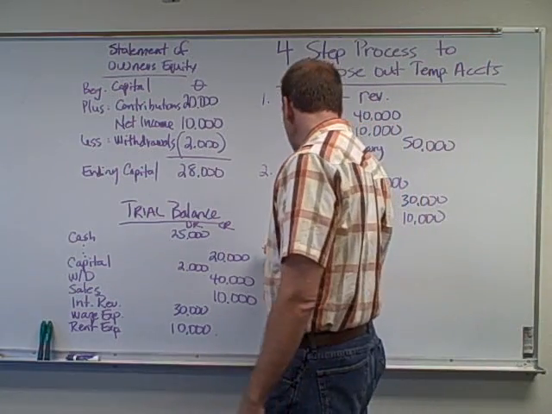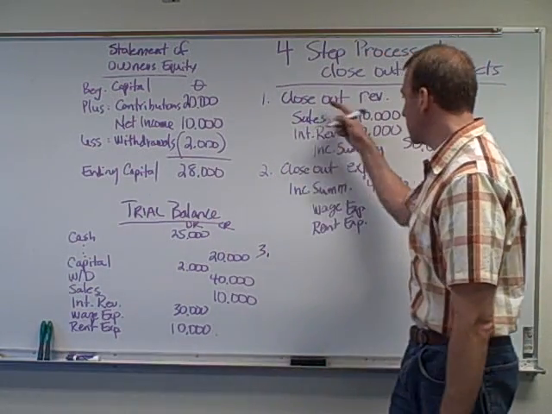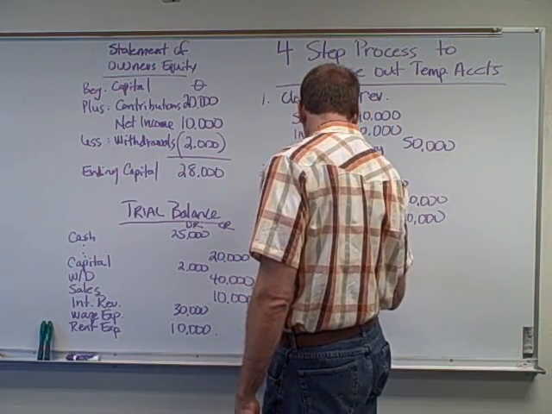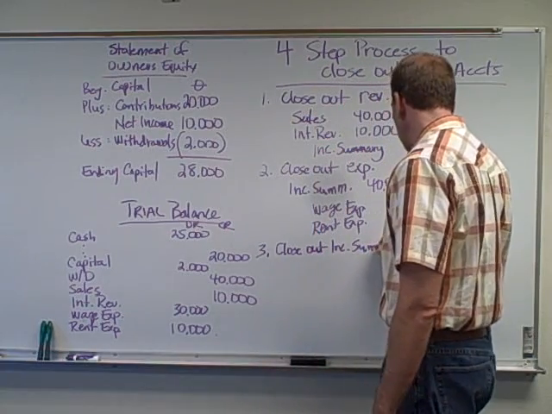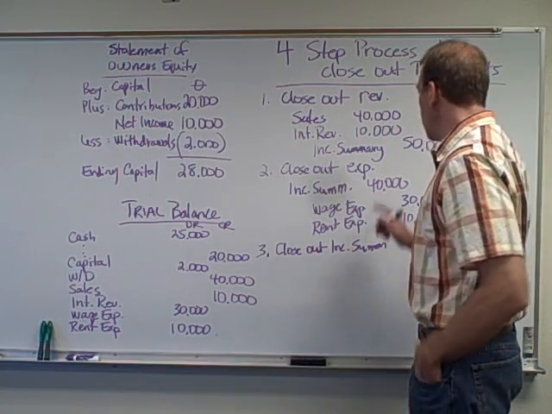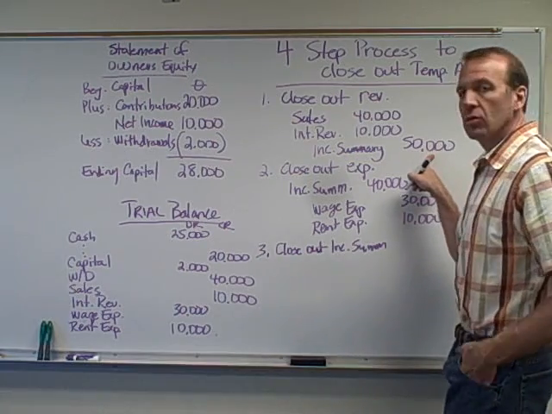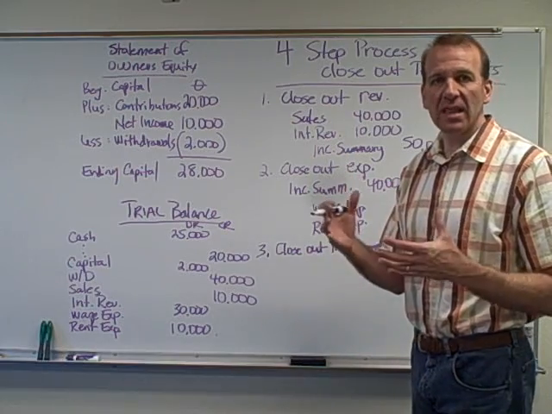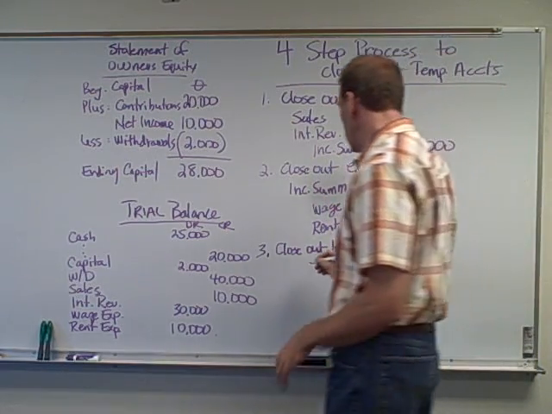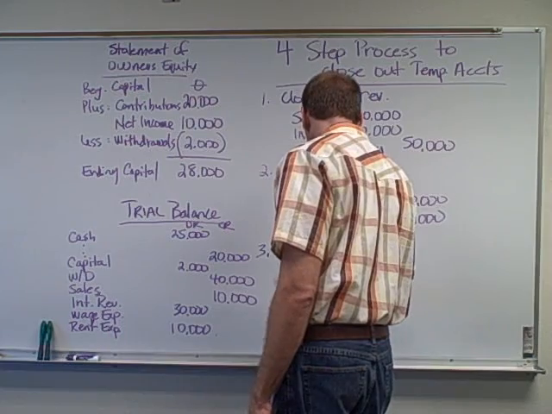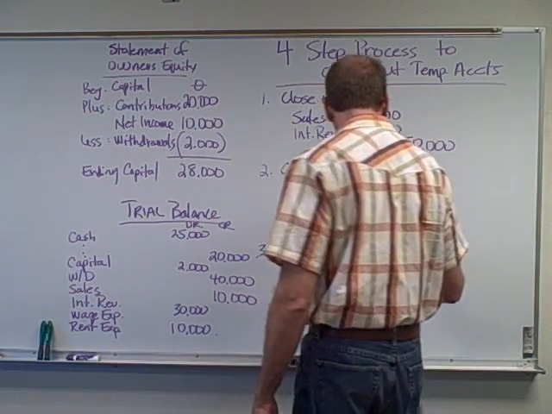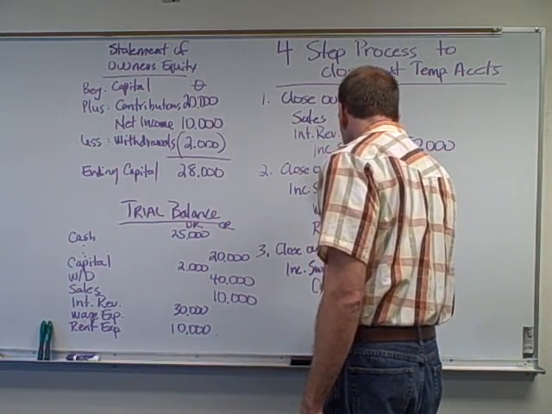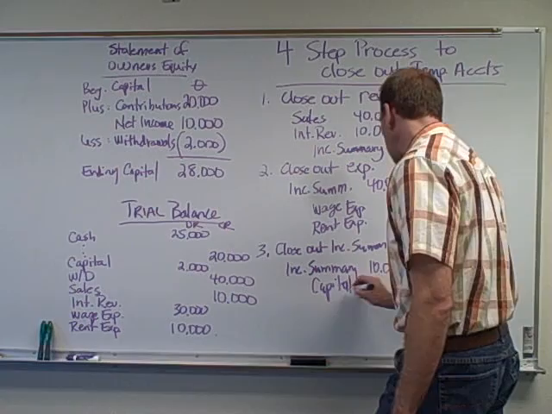Now the third step is, well, we just created this income summary account. Now we've got to close out that income summary. Income summary has a 50,000 credit balance and a 40,000 debit balance. So overall, it's got a 10,000 credit balance. So we have to debit income summary 10,000, and we're going to close it out to our capital account.